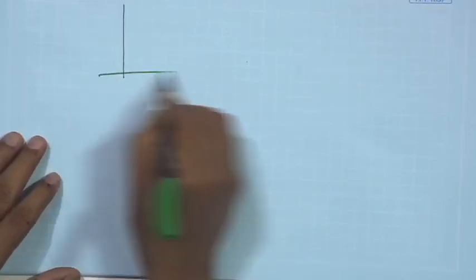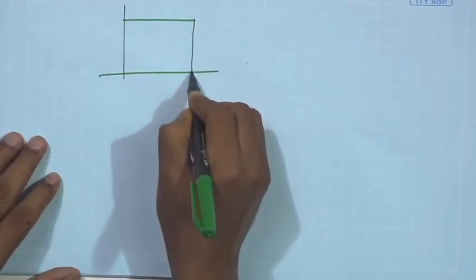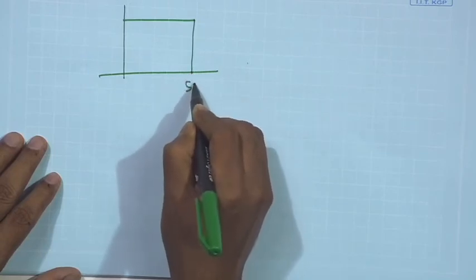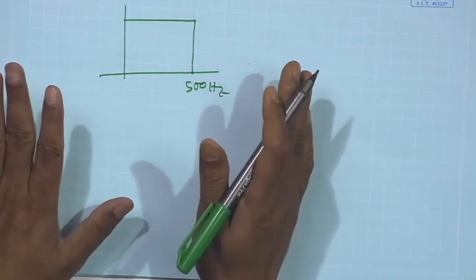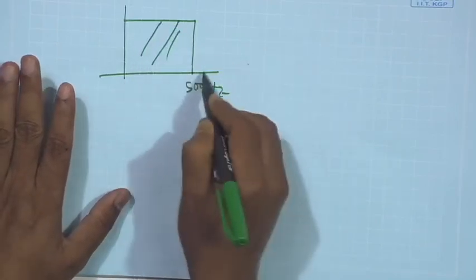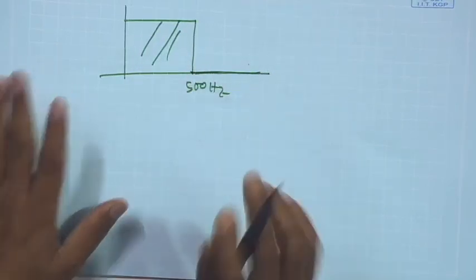Now, I want to cut down after 500 hertz; the system should not produce any response after that. So the filter frequency response should be like this up to 500 hertz, and after 500 hertz I do not want anything.